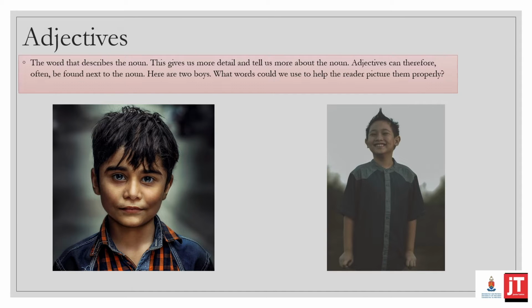What words could we use for boy A? For me, what is the most striking thing about this boy are his eyes. Wouldn't you agree? He's got these big, sparkling, beautiful, I think they are hazel eyes. And that's just the eye. So the eye is the noun. It is the thing that you can touch.